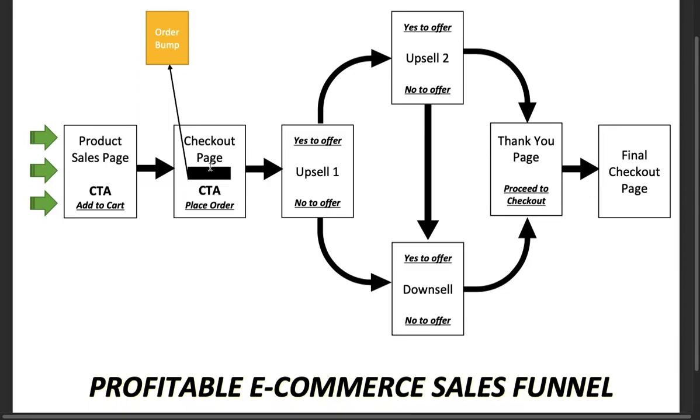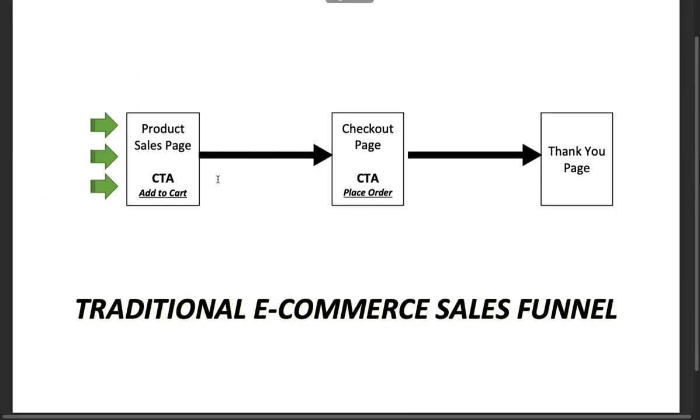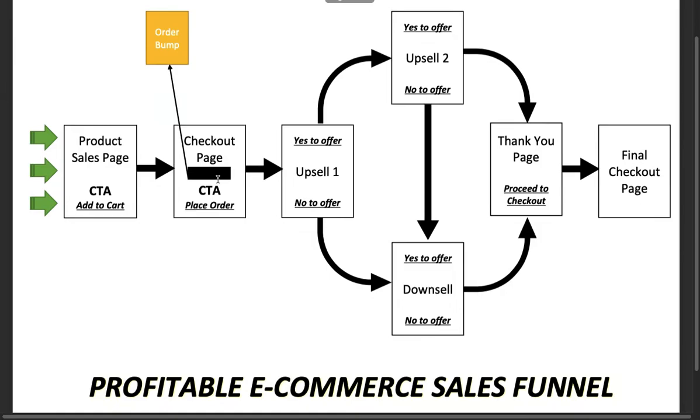Now imagine, guys, instead of you following this traditional way of selling and just selling a product to a customer, this particular model offers you the opportunity to introduce other related products to your customers.